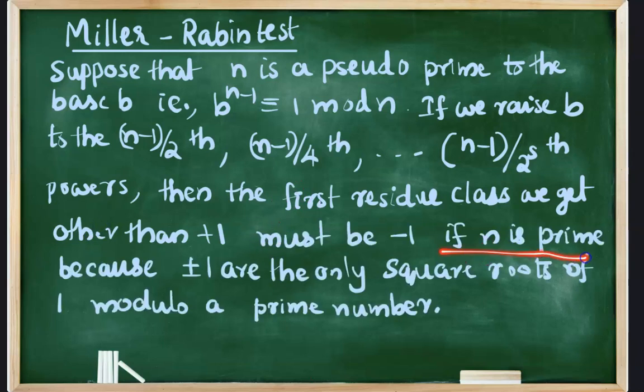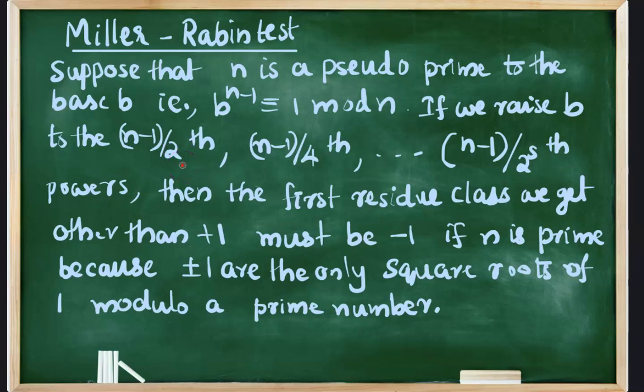If n is a prime, then we know that the square roots of 1 modulo that number will be either plus or minus 1. So, since b raised to n minus 1 is congruent to 1, if we take the square root, that is b raised to n minus 1 by 2, it will be either plus or minus 1.